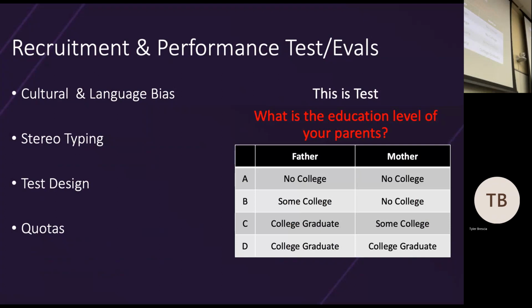In the early 90s, the Army's flight aptitude test to see if you had the ability to become a pilot, you got extra points if you had answered C. What the hell does that have to do with your ability to be a pilot? This is an example of where recruitment and performance evaluations fail. Okay?